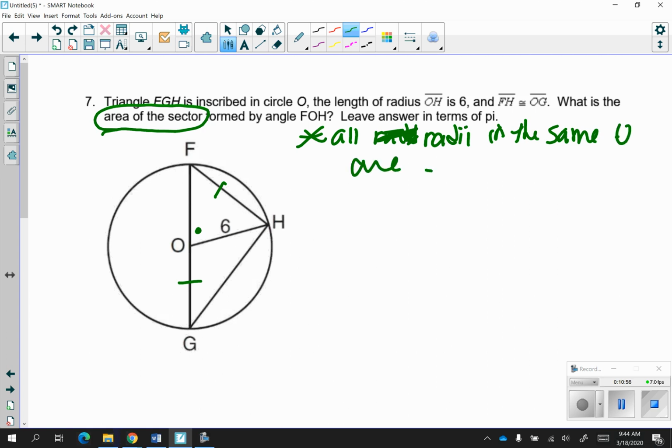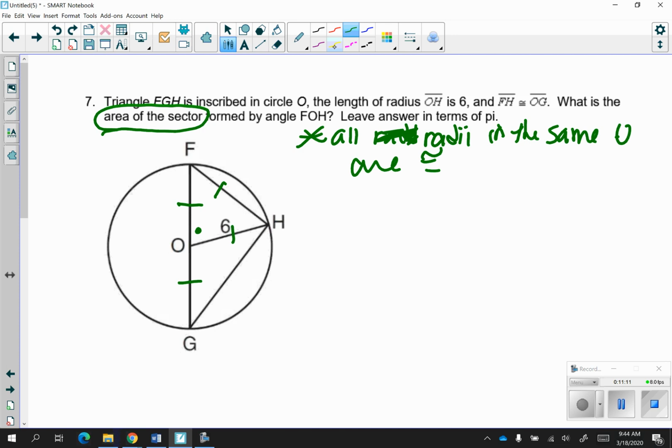So if OG is a radius, OF is a radius, so they're congruent. Wait, now these are also congruent. Oh, OH is also a radius.